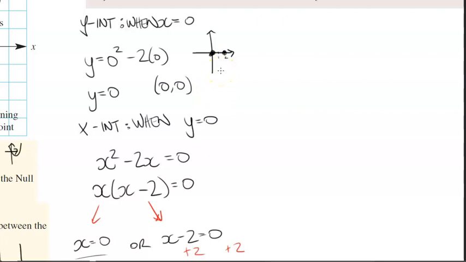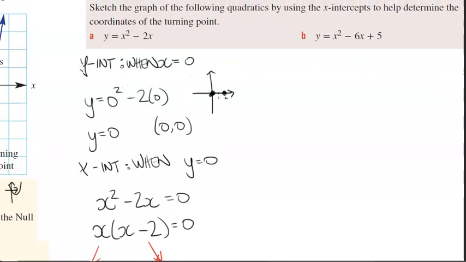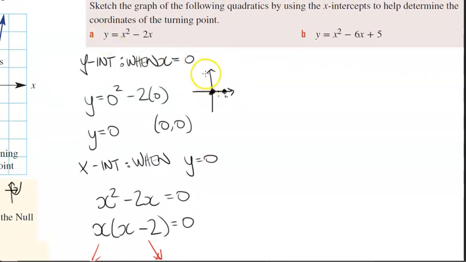I use this as a guide to try to determine what this graph is actually going to look like. So far we've got these two x-intercepts, and we know we're dealing with a graph that doesn't have a negative in front of the x squared. So far we're going to deal with something that roughly looks like this.